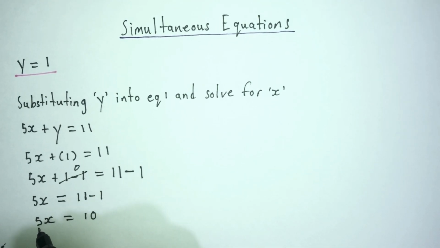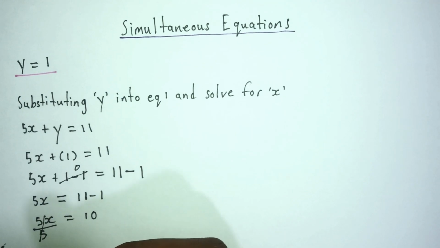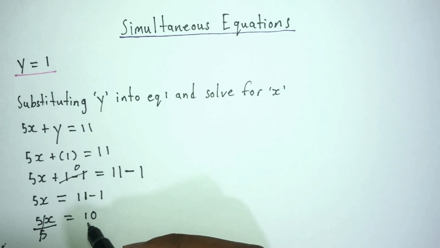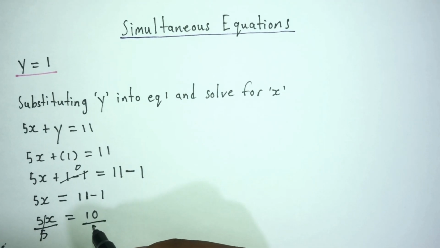Now, we have 5 multiplying x. Therefore, because it is multiplying x, we have to divide by 5 to get rid of the 5. And what we do on this side, we have to do on the other side.